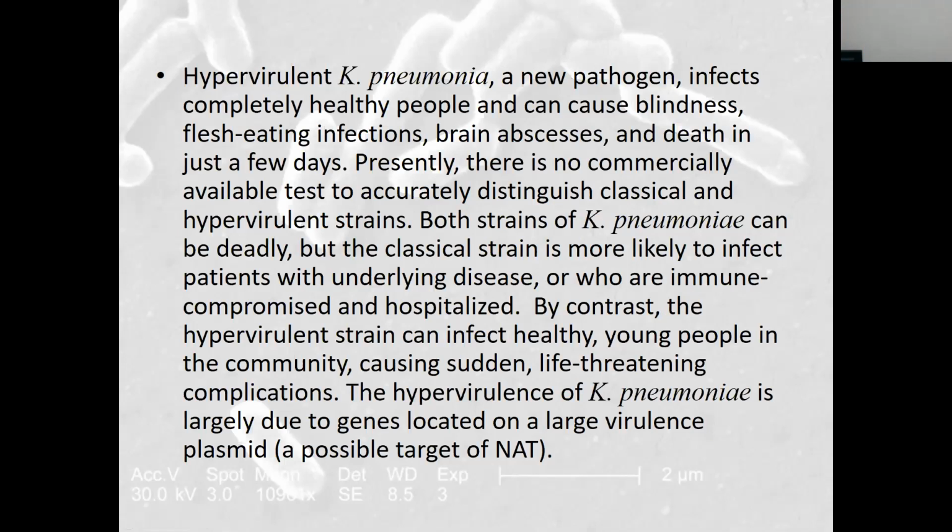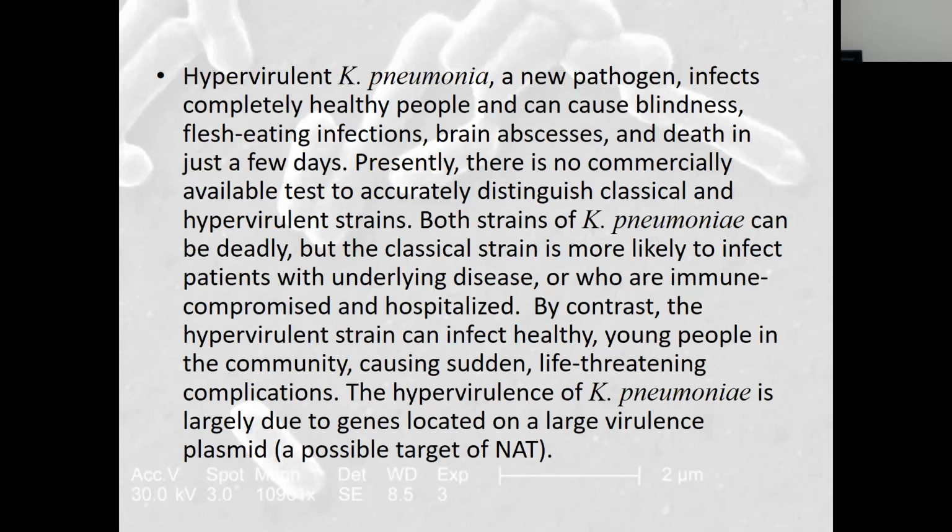Presently, there's no commercially available test to accurately distinguish classical and hypervirulent. Both strains of Klebsiella pneumoniae can be deadly, but the classical strain is more likely to infect patients with underlying disease who are immunocompromised and hospitalized. By contrast, this hypervirulent strain can infect healthy, young people in the community, causing sudden life-threatening complications.